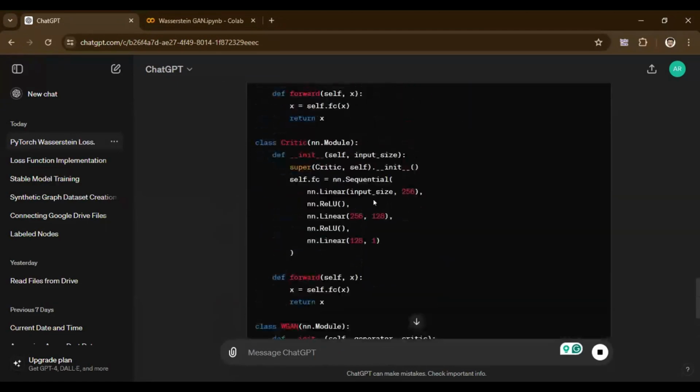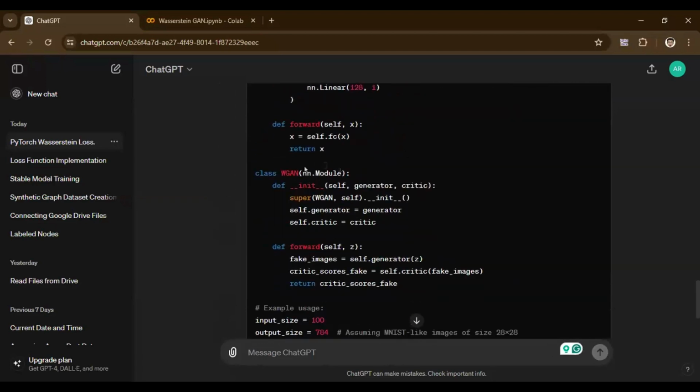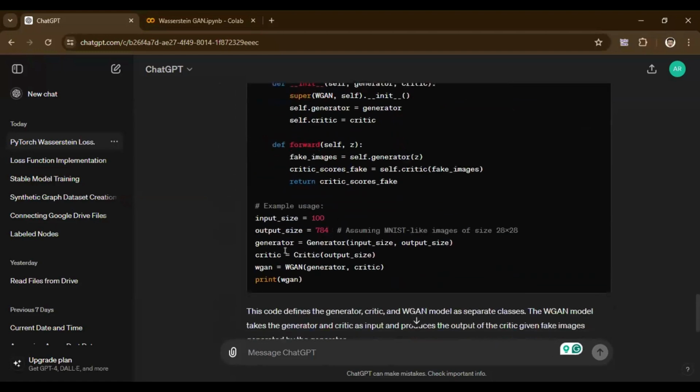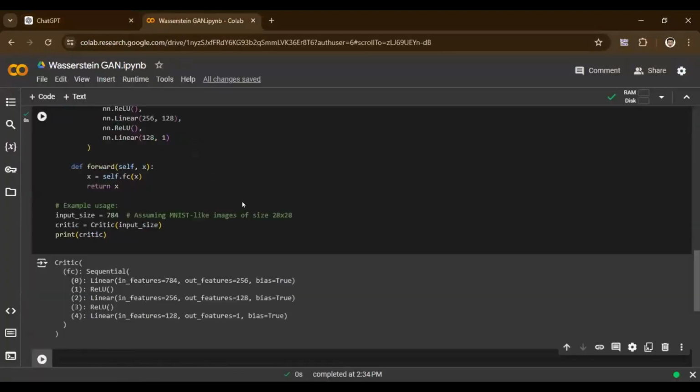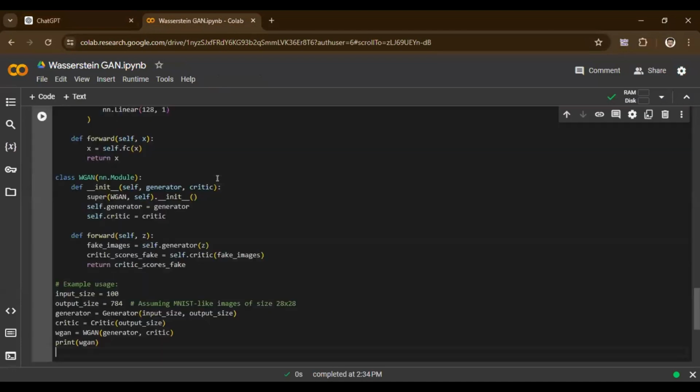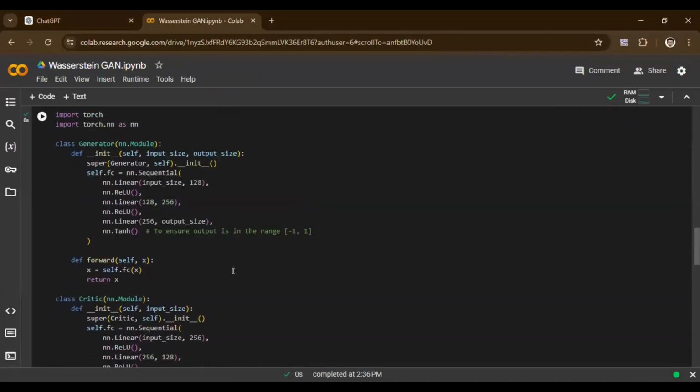It creates the previous generator and critic classes, and the WGAN model, which takes the generator and critic. Let's just copy this whole code to Google Colab, and that's it.